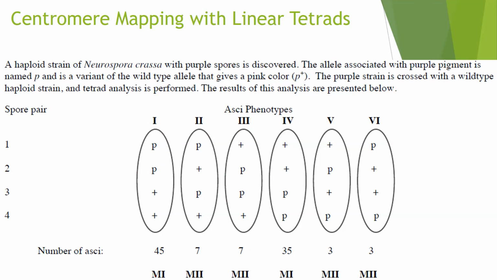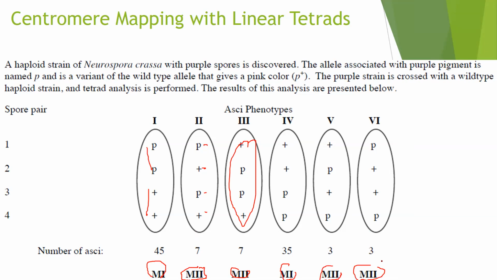This is M1 pattern, very clear. And this, because of the P plus, this is obviously F2, M2 pattern. And the same, this is also M2, and this is M1. This is M2, and this is also M2. So it's very easy, right?